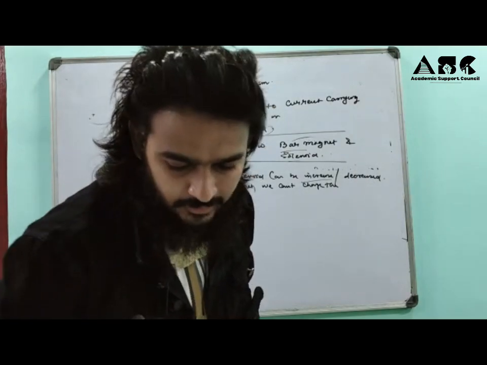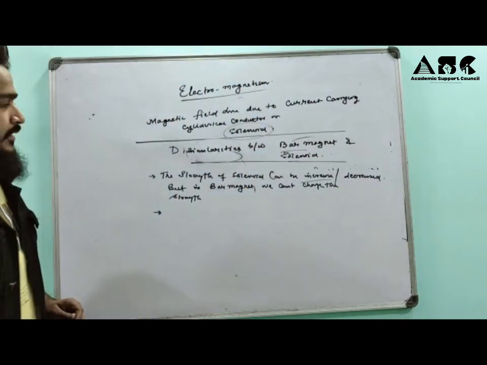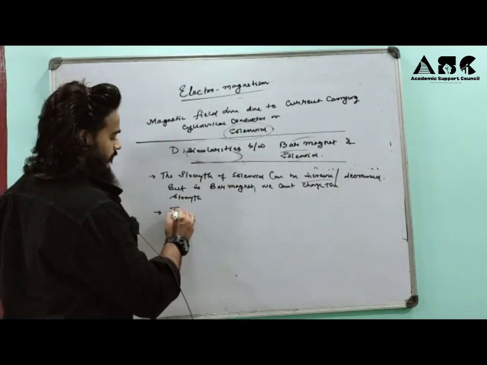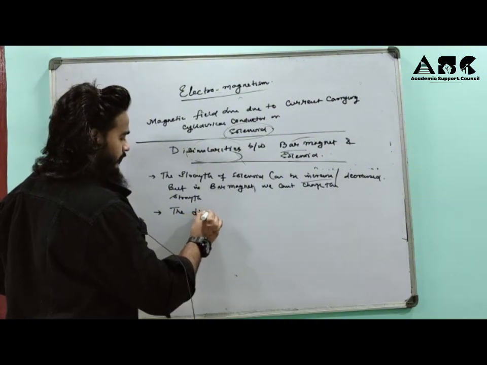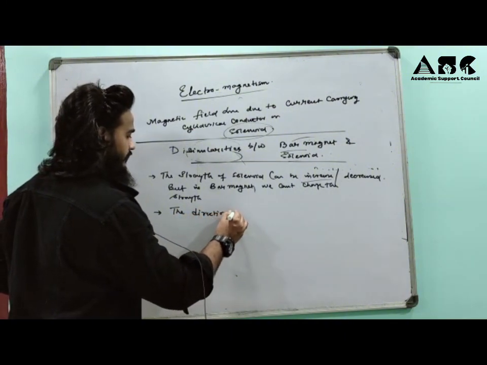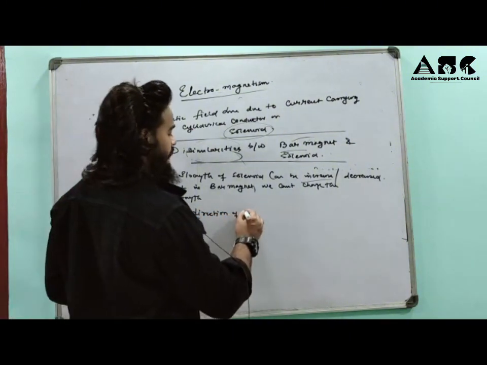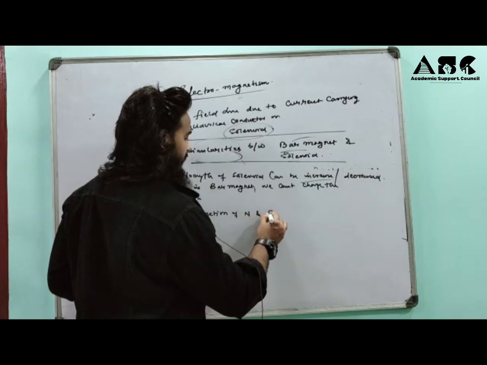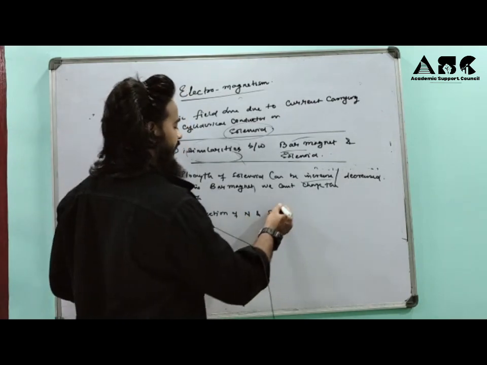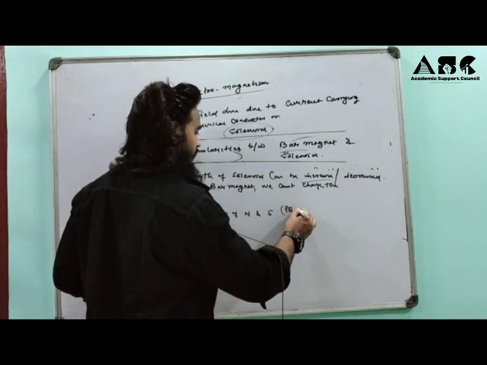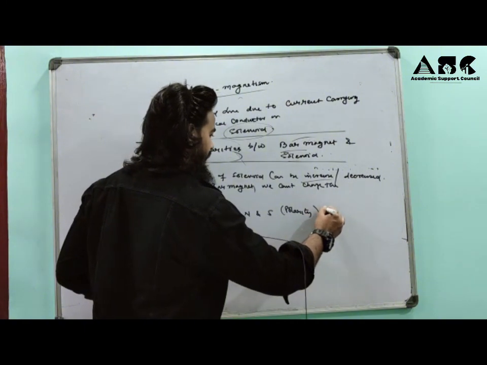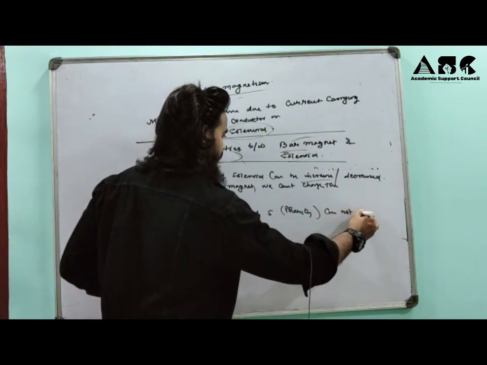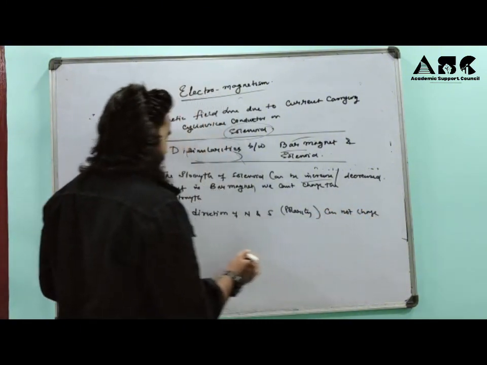The second point is that the direction of north and south, meaning the polarity, cannot be changed in a bar magnet.